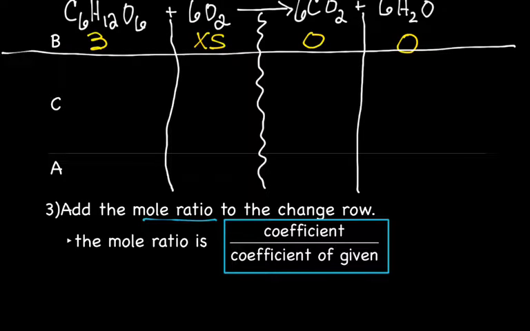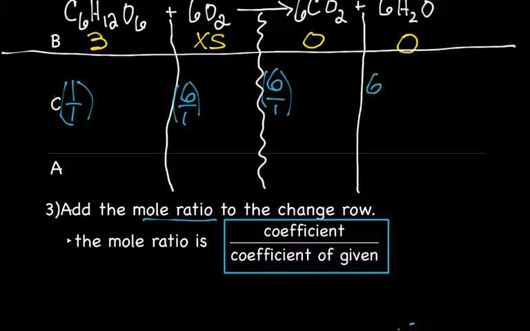So this one is going to be 1 over 1. We have 1 over 1 for our mole ratio. For the excess one, we'll have 6 over 1. For the CO2, we have 6 over 1. And for the H2O, we have 6 over 1. All I did is take each coefficient and put it over our given coefficient, which in this case was 1. So we've added the mole ratio to the change column.